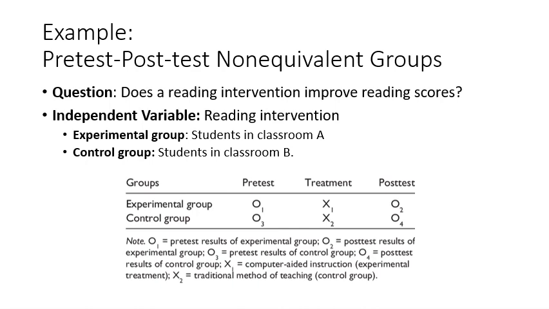Maybe I have these written down in a subsequent slide, but you can think of all the different ways that 2 classrooms could be different aside from this reading intervention. You all know what happens if there's just one child who is really having a hard time. That can impact the progress of the whole class. We know that there are differences in quality of teachers and factors like that. So there's been no random assignment, but we're doing this pretest post-test model.